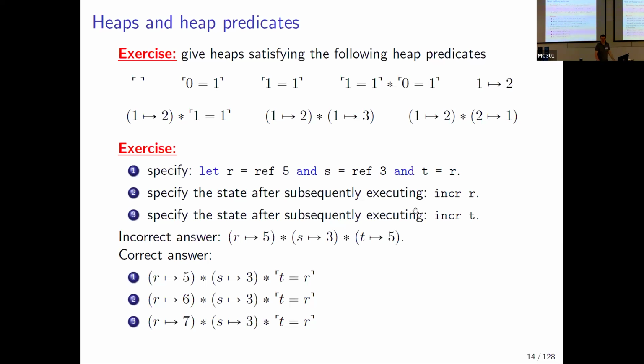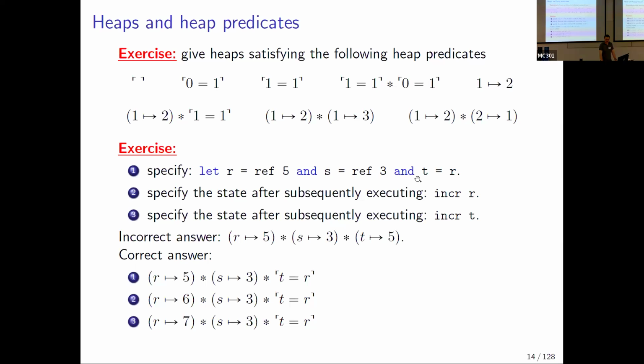Yeah, I can repeat. Maybe I missed something, but can you explain again why you couldn't separate if the values are different? I understood why if S and R are the same, but why if the values that they're pointing to are different, why can't I separate them? You're saying you cannot separate that because both R and T are pointing to 5.